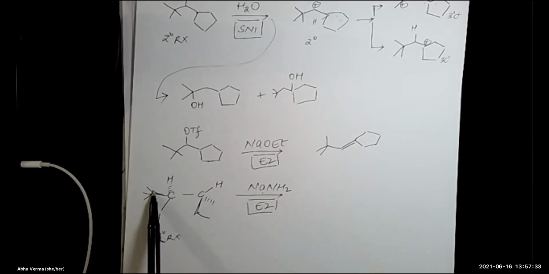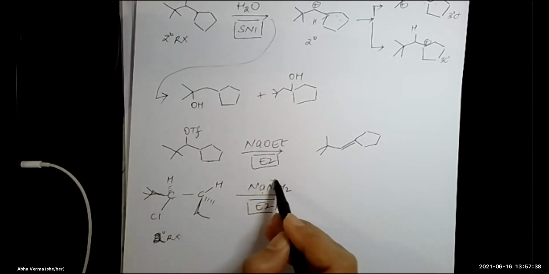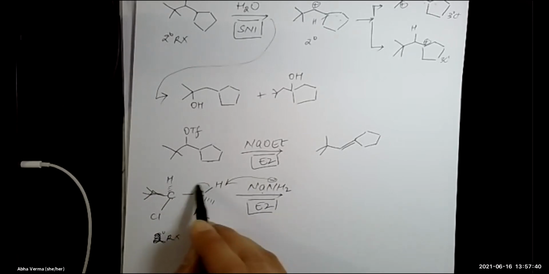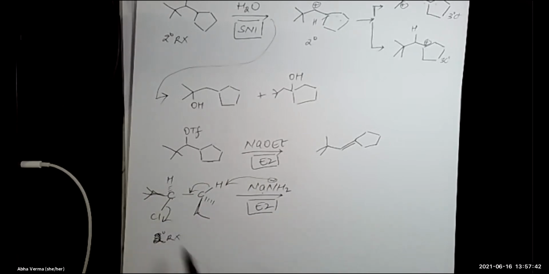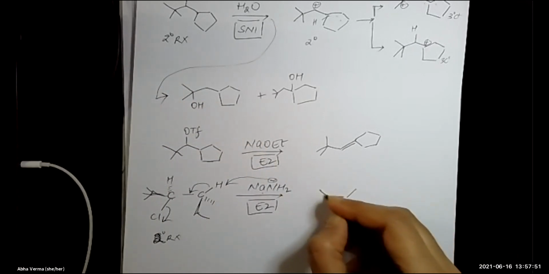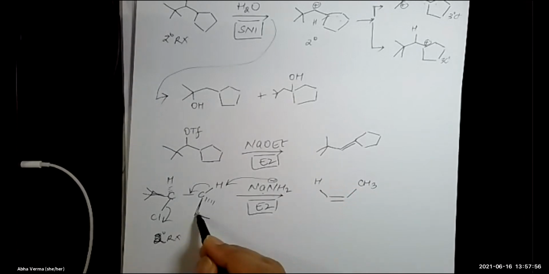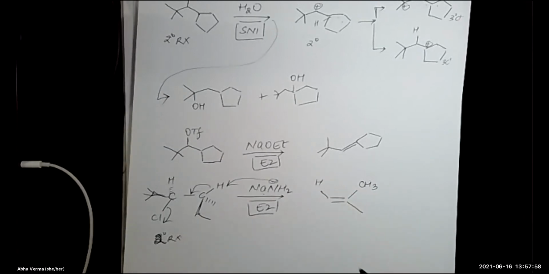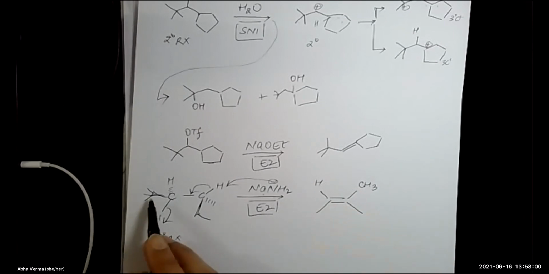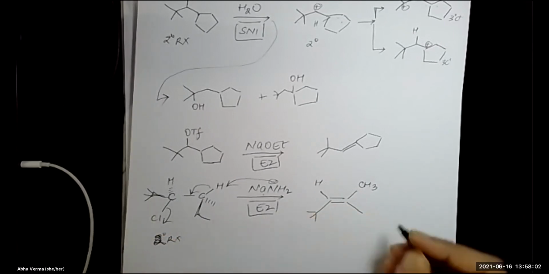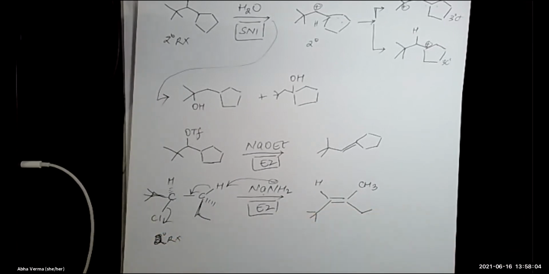There are no hydrogens on this carbon, only hydrogens on this carbon. The base abstracts the hydrogen, the bond breaks, the leaving group leaves, and you're going to flatten out this molecule. So this hydrogen and this methyl are going to be on the same side, whereas this group and this tert-butyl are going to be on the same side.